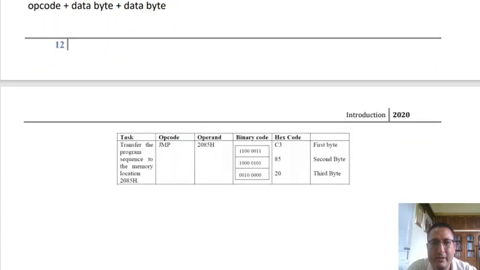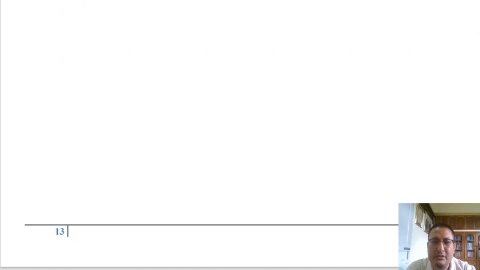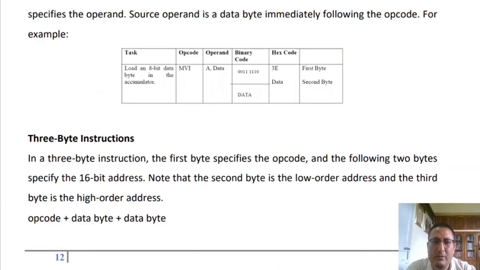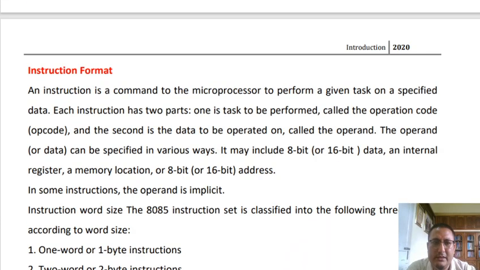For example, we have the jump instruction, the STA instruction, and the LDA instruction. There are several instructions that require three bytes. Here we have learned the possible types of instructions based on the number of words.